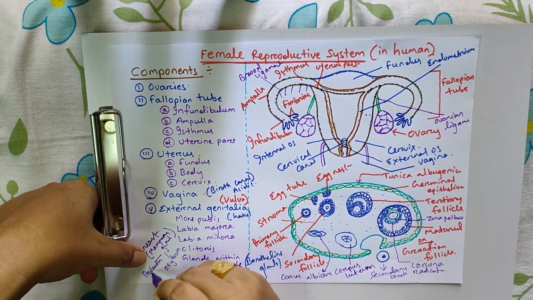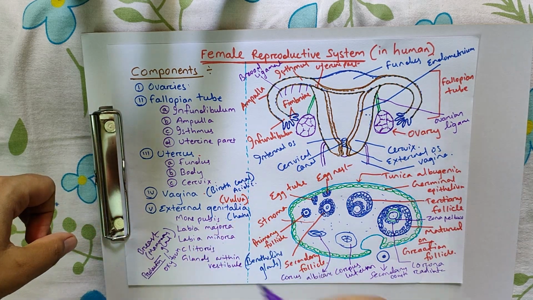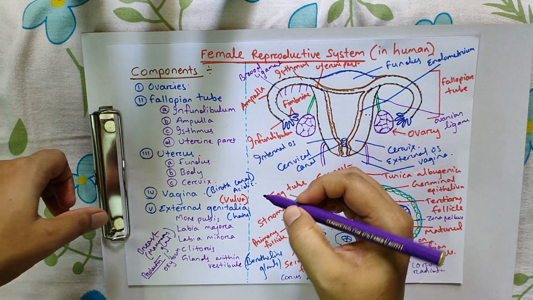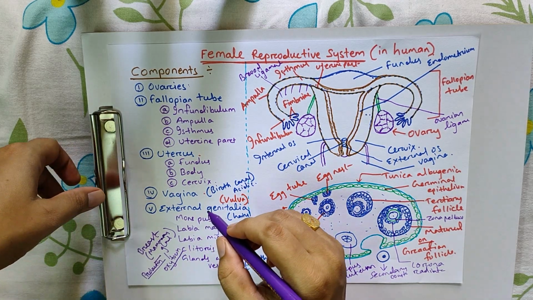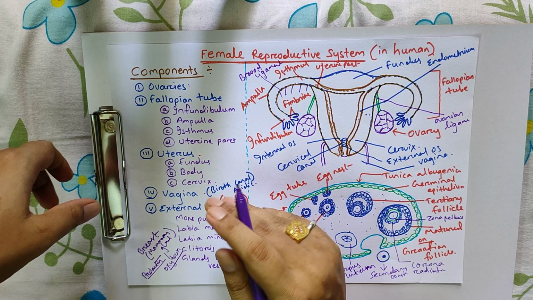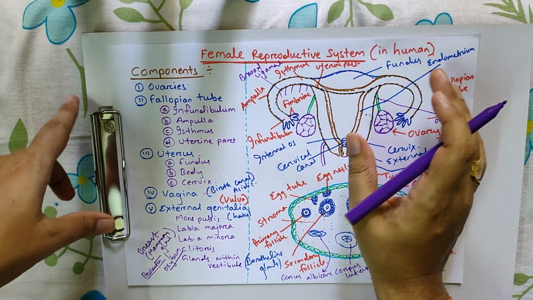Prolactin is responsible for the formation of milk, and oxytocin is responsible for the release of milk. In this way, we have covered the female reproductive system.